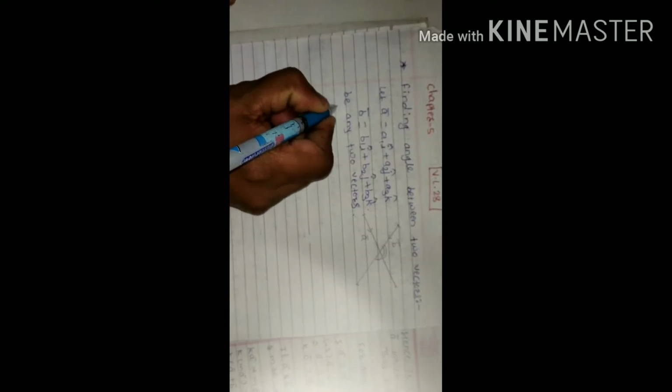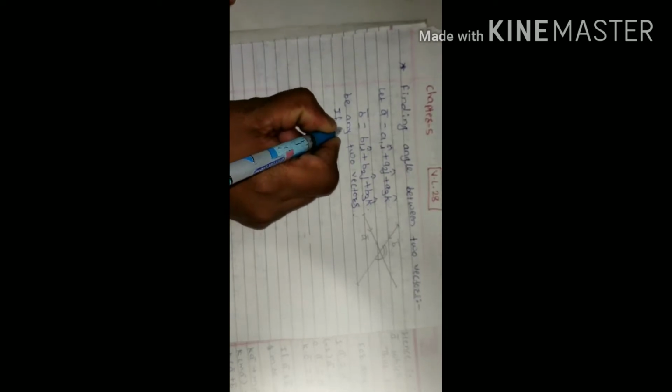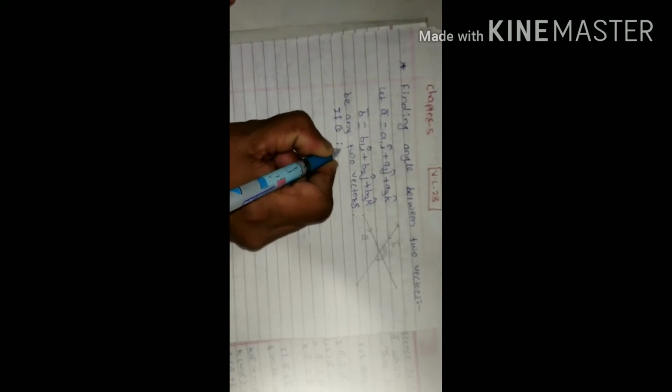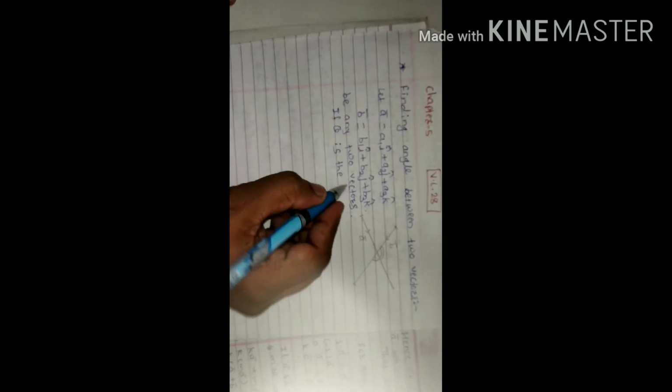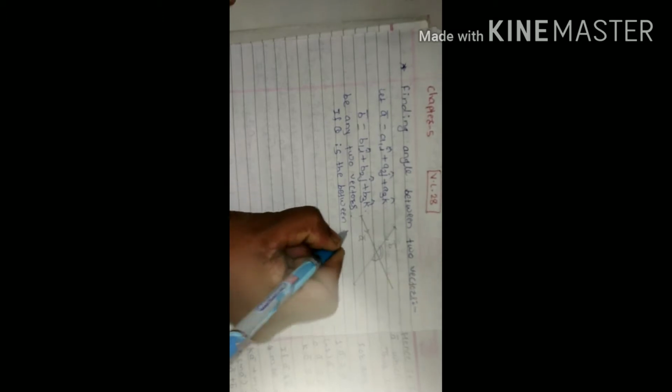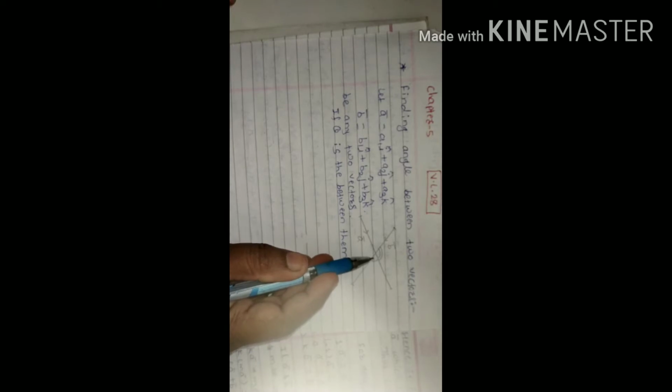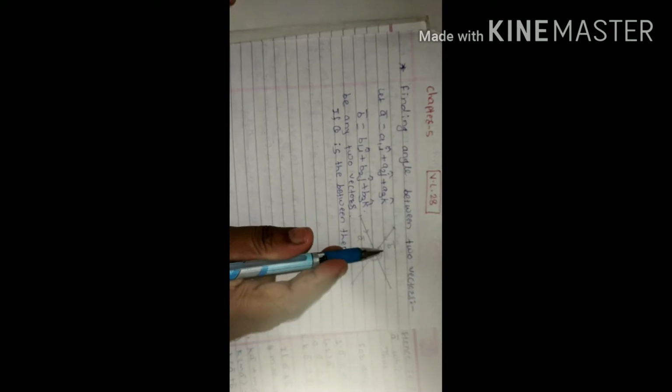Suppose theta is the angle between them, the angle between vector a bar and vector b bar.